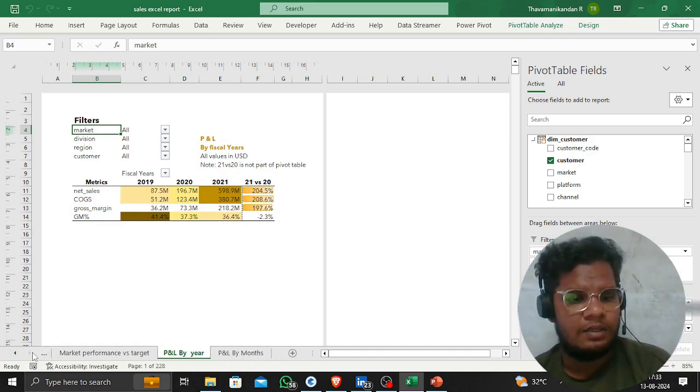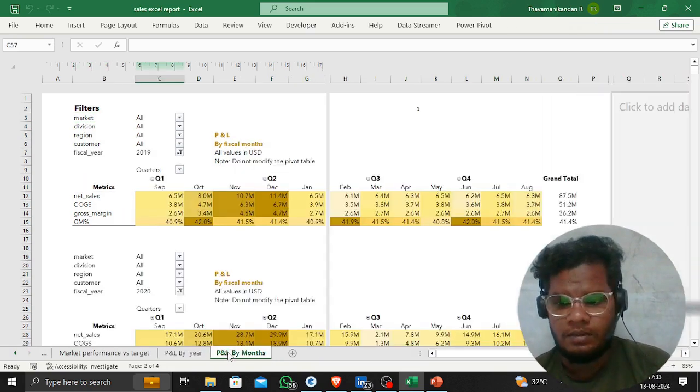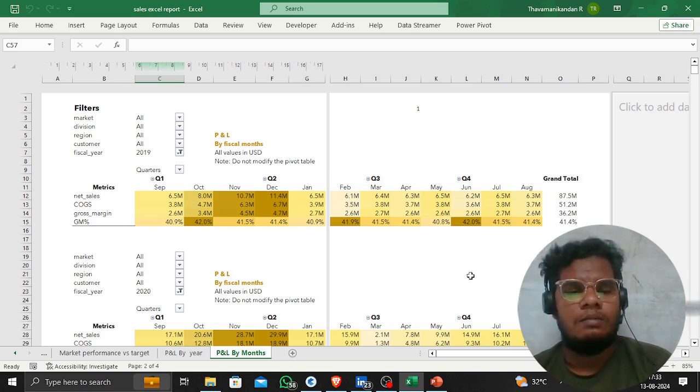Next we are seeing the profit and loss by months. At month level, all the things are the same, but here we are just adding the quarters. Each year is divided into four quarters. But what's the difference?